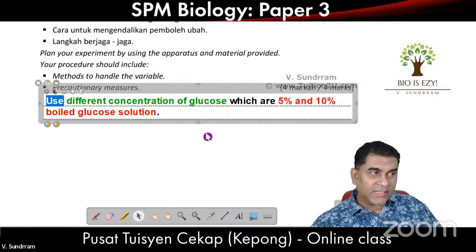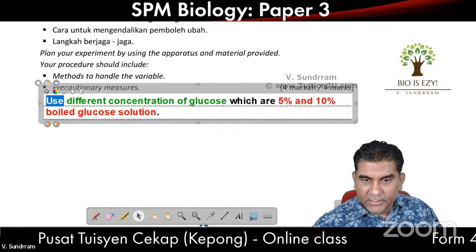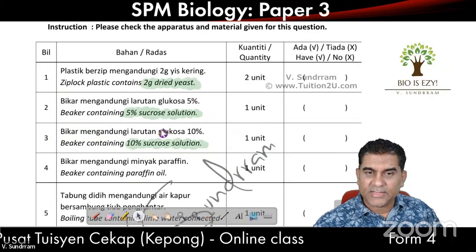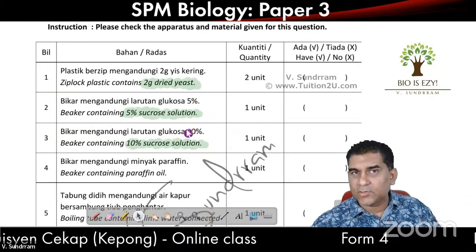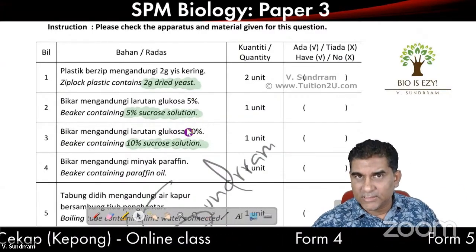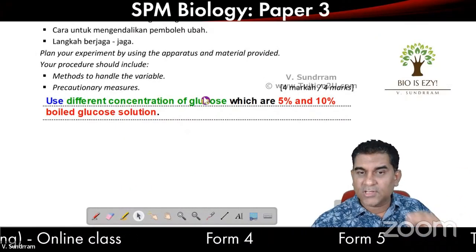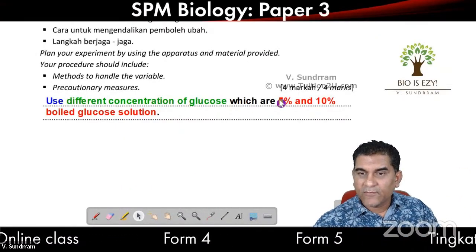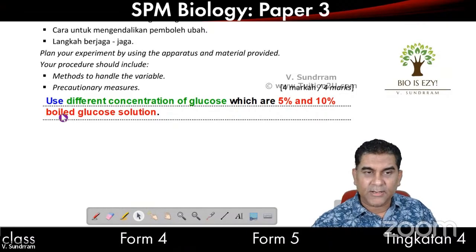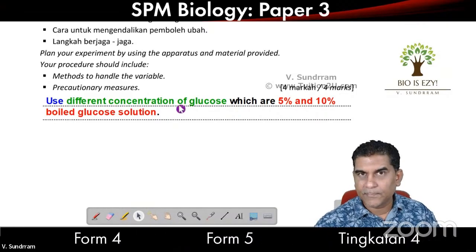In the experiment, we know based on what is given it is 5% and 10%. Inform the examiner what is the solution, so make your answer better. Use different concentration of glucose, which are 5% and 10% boiled glucose solution.